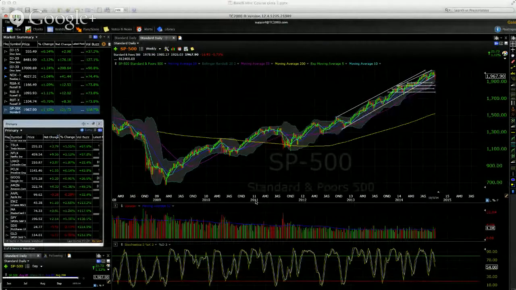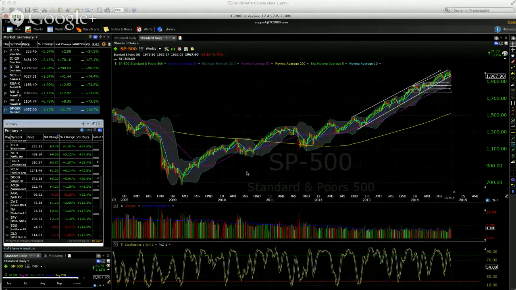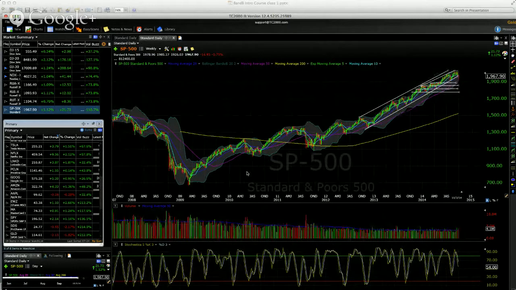Okay, so we're on market cycles. There are four major market cycles that occur. For our purposes, we're going to start as if the market's at the bottom, as if the market has just reached a low point in recent history. To give an example of this, you're looking at a weekly chart of the S&P 500, the SPX.